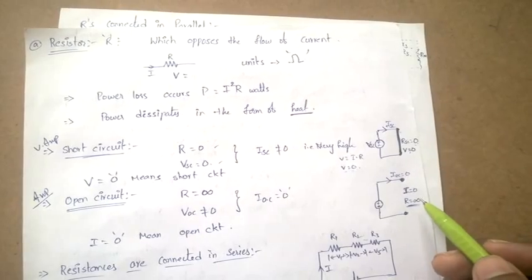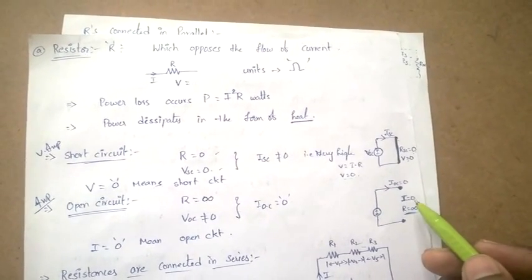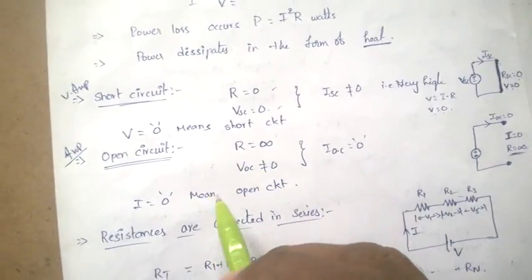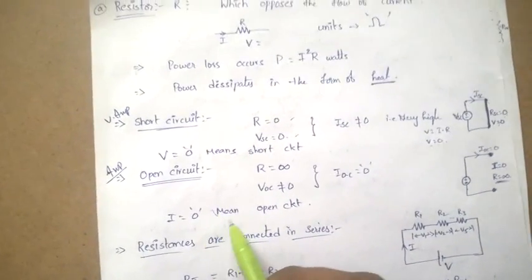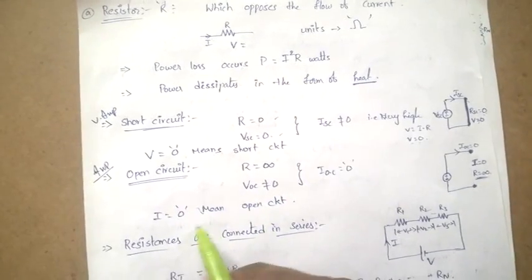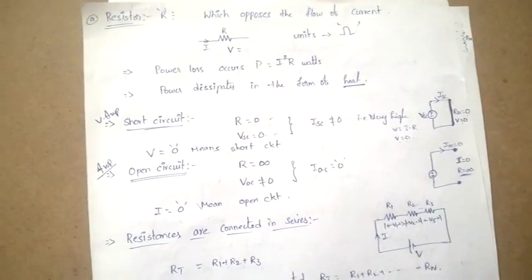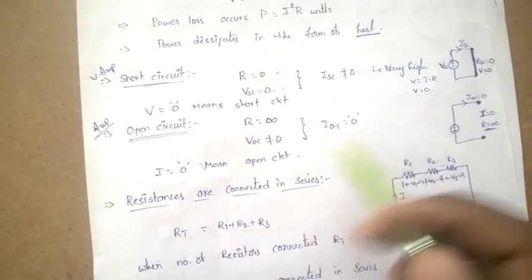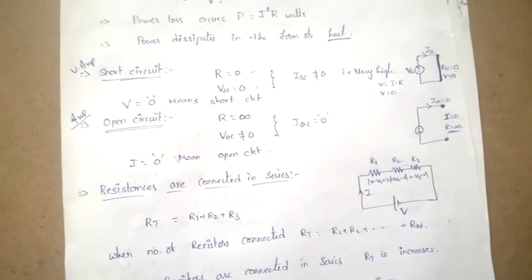So if resistance is high, the current is small. If resistance is infinity, current is 0 for open circuit. That means I equal to 0 means open circuit.